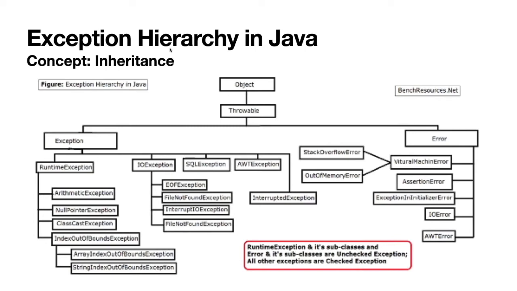This is what you can see on your left-hand side, you have exceptions, and on the right-hand side you have the errors. The errors are what's considered to be machine dependent, or something that has a critical malfunction, or an unanticipated situation in your hard drive, something that you don't have control over. You can see the names of those errors, like VirtualMachineError, StackOverflowError, OutOfMemoryError, IOError. There are a couple of those errors that you may or may not recognize from the previous work that you have done in these courses.